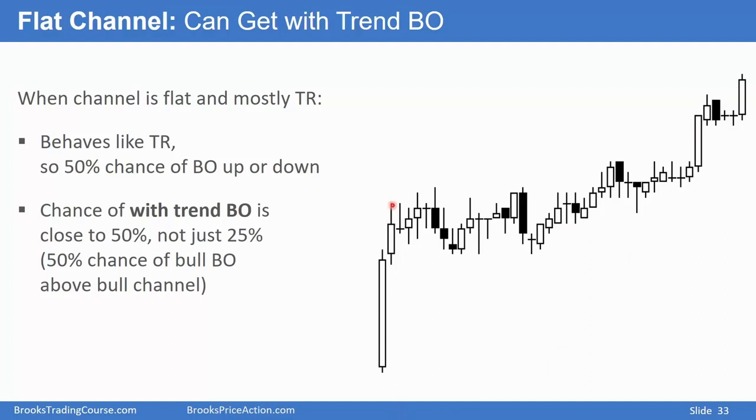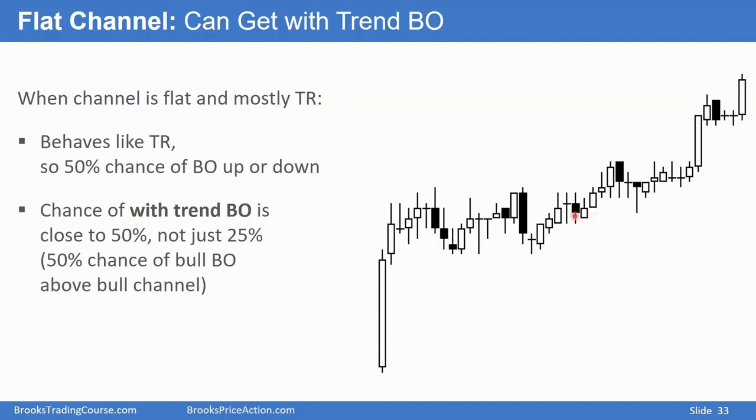I said that whenever you have a bull breakout and then a channel, maybe this is the channel, only 25% chance of a bull breakout. However, if the channel is not clear and it's mostly horizontal, the chance of a bull breakout is much higher than just 25%. It's probably closer to 50%. This becomes more of a trend resumption, trend reversal setup. So bull breakout, pullback. Is this a channel?